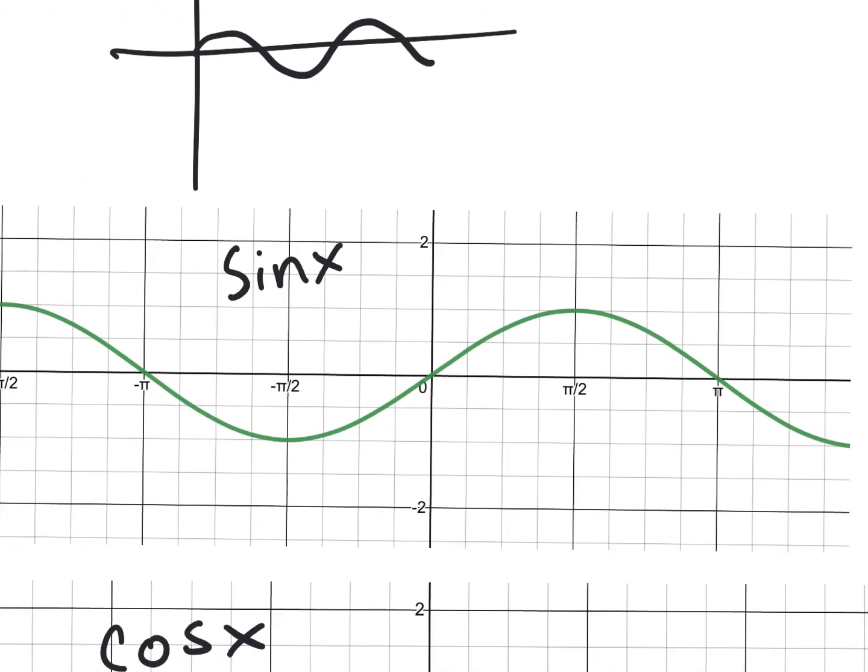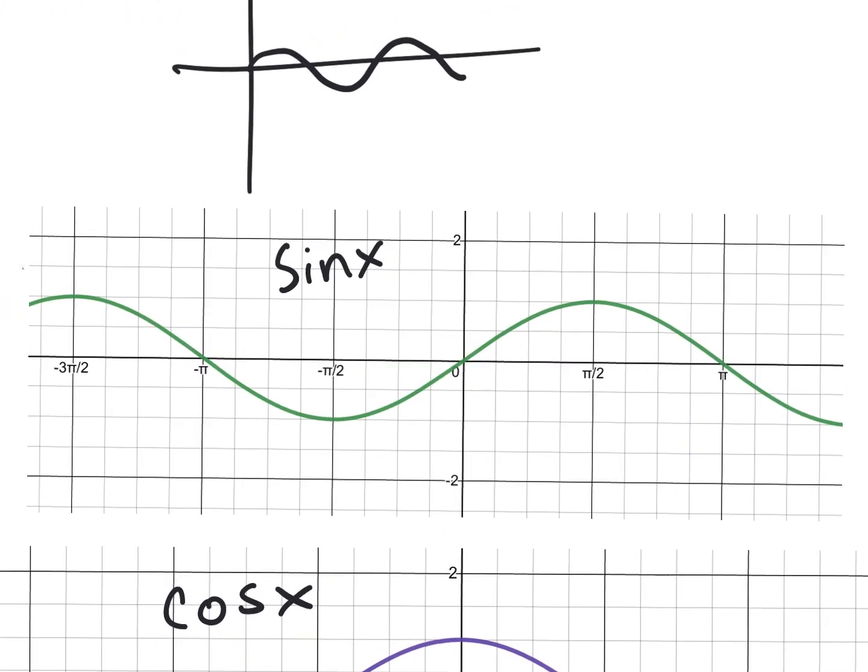Here we can see sine of x, that's our green graph. What we need to include are all possible outputs. Our lowest possible output would be -1. Our highest possible output would be +1.